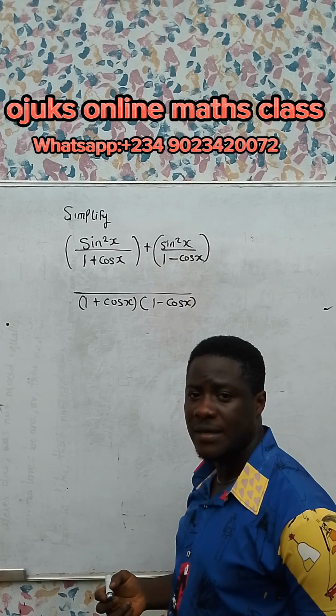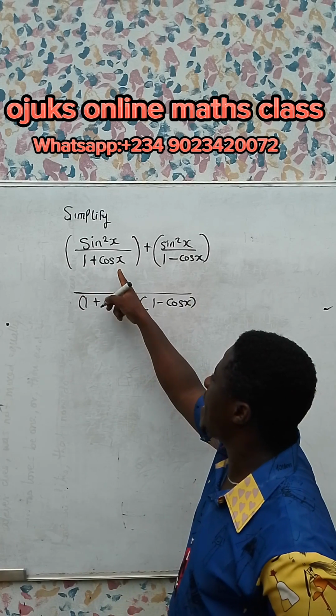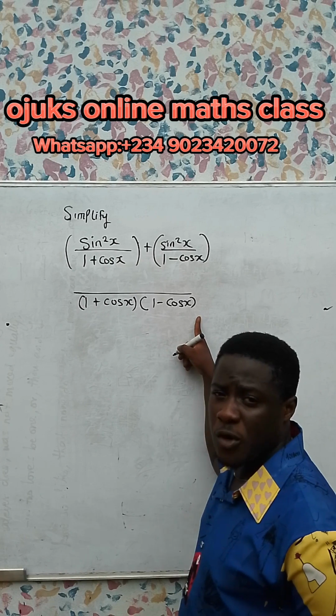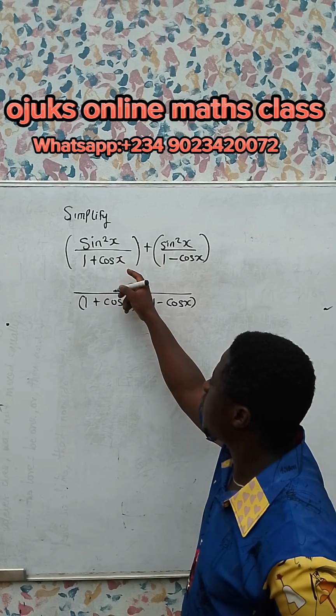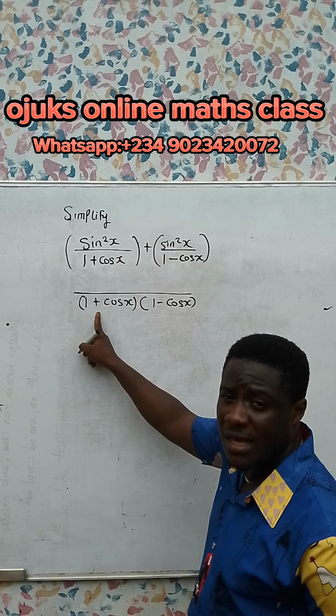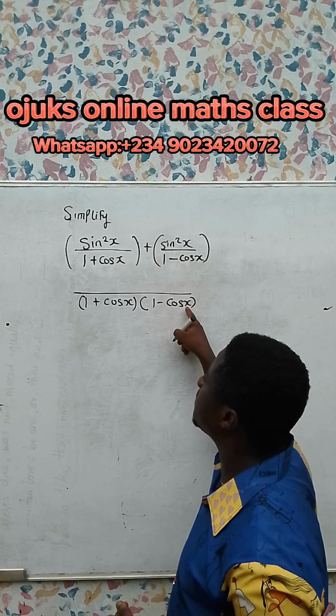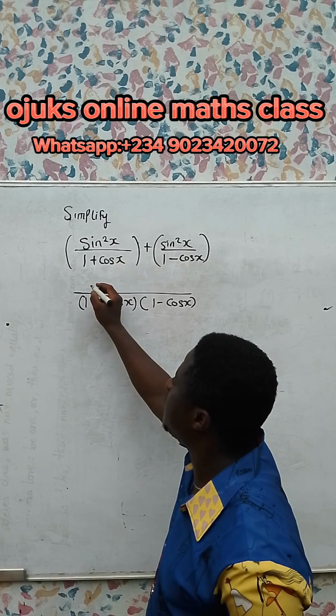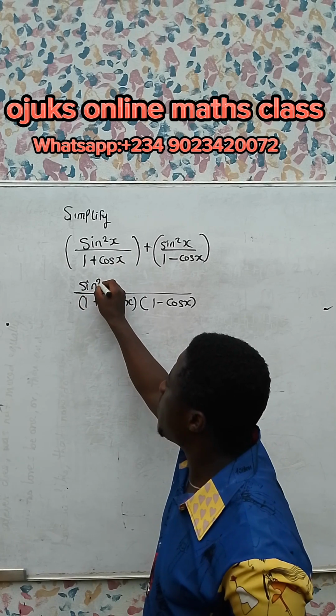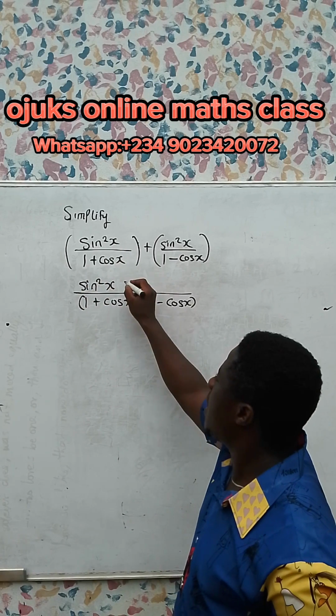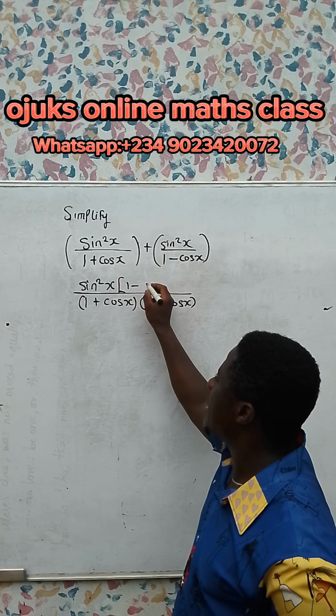Then let's divide. When 1 plus cos x divides this product, of course 1 plus cos x will cancel out 1 plus cos x. We are left with 1 minus cos x. So 1 minus cos x multiplying sine square x, we're going to have sine square x in bracket 1 minus cos x.